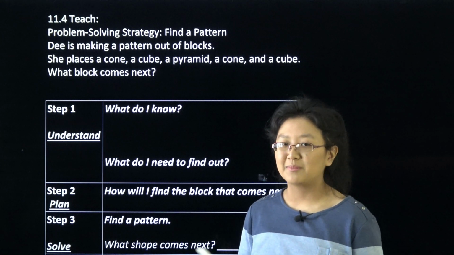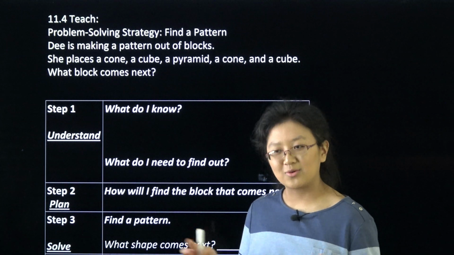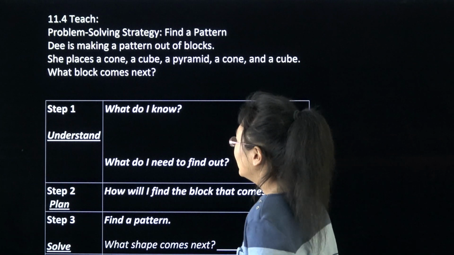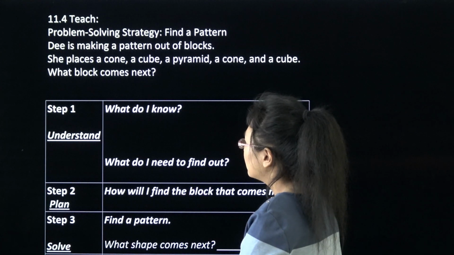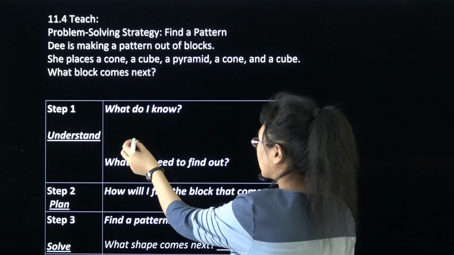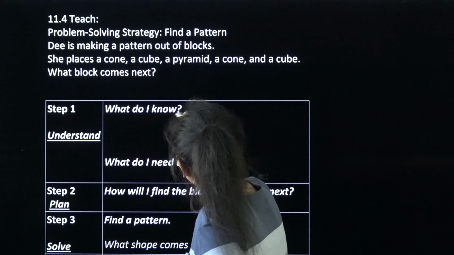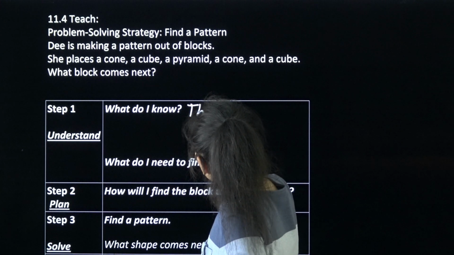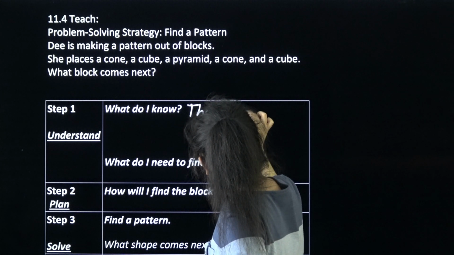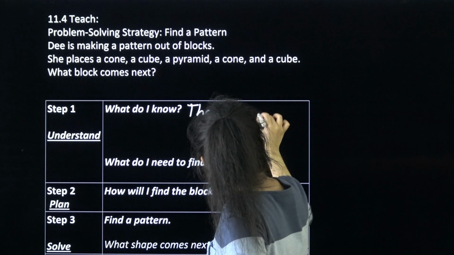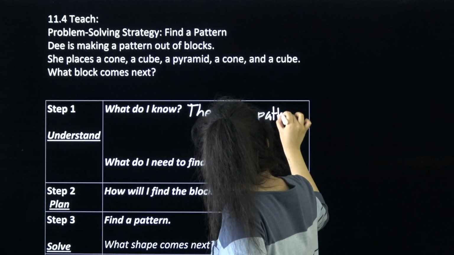So the first step to any question is understanding exactly what you know and what the question is asking for. You just have to understand what you do know and what the question is asking for. So, what do I know? Dee is making a pattern, so there is a pattern.